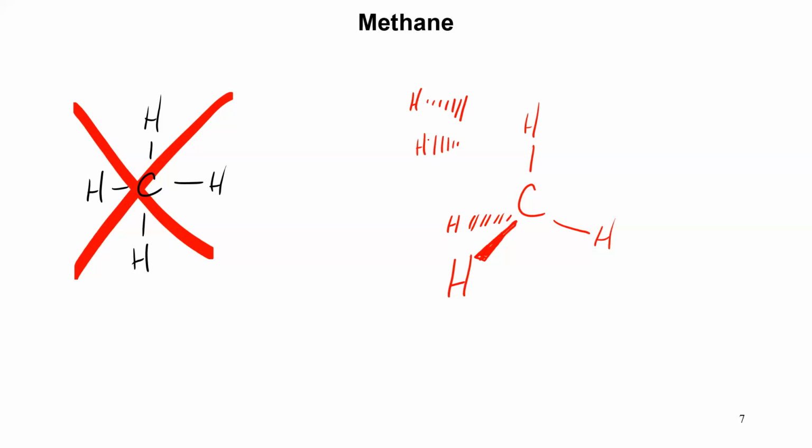Even though we know that it's going away, they draw it with the big wedge end closer to the bonded atom and the small wedge end closer to the central atom. It really doesn't matter to me which way you do it, as long as you have this dashed wedge that shows going behind the plane of the molecule and the solid wedge coming out of the plane of the molecule. All right.